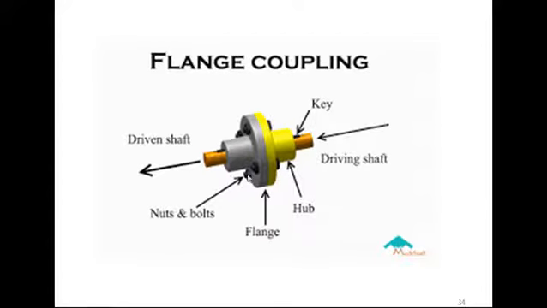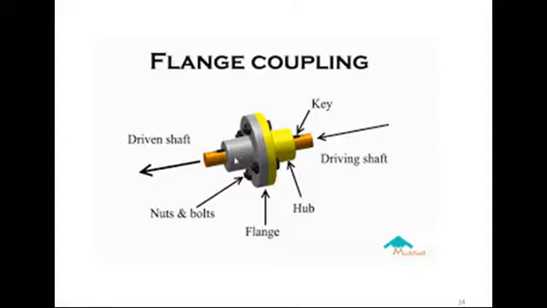When we want to connect the two parts, what do we do? We first use this hub and attach it with this flange, then insert this key inside this hub. First we insert this shaft into this hub, and then insert this key here, and we do the same on the other side.